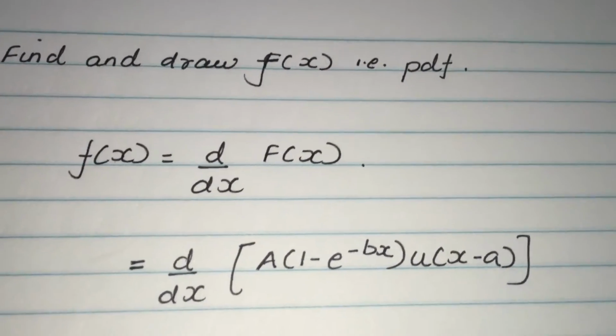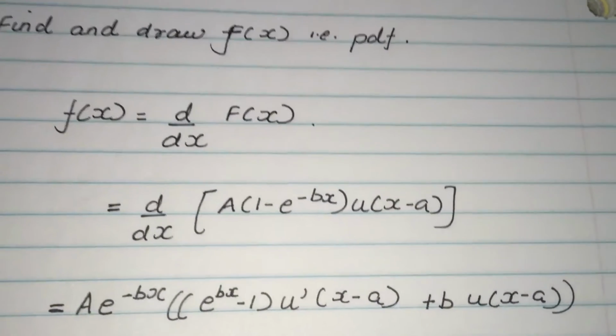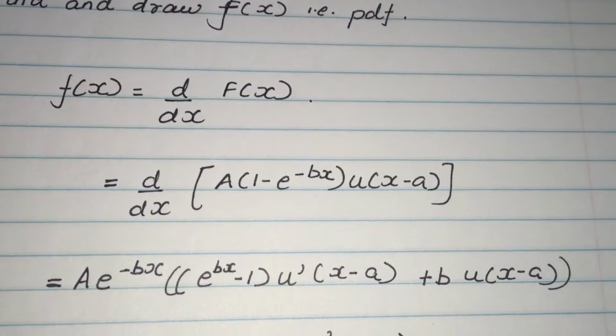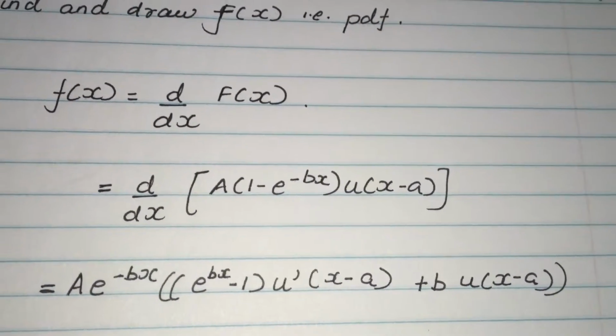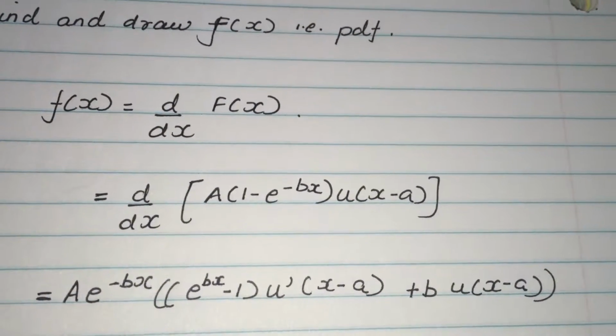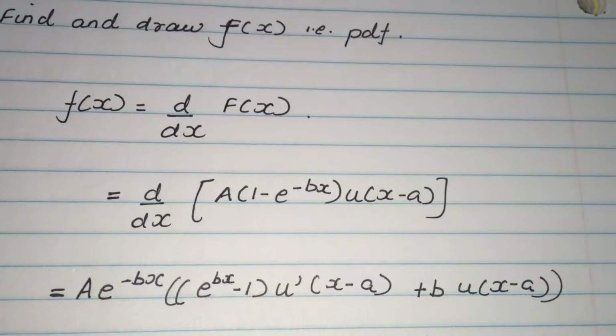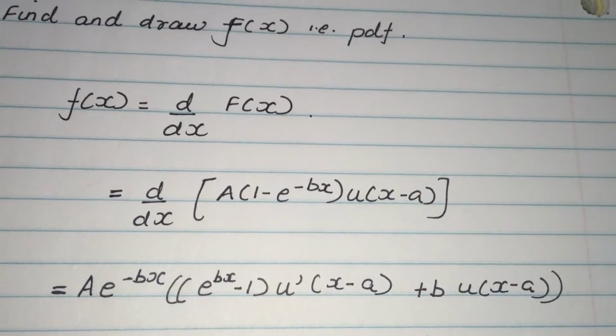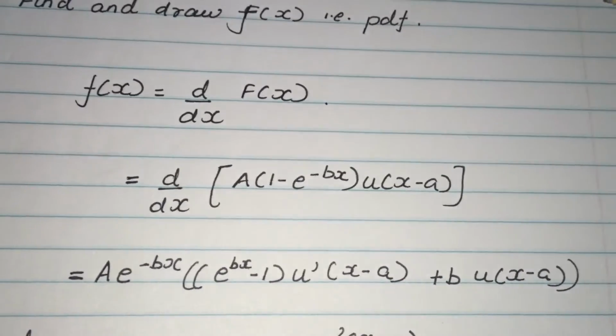I haven't shown the steps here, but this is what we'll get. U dash of x minus a is basically the derivative of a step function, and the derivative of a step function when taken and drawn is basically a delta function.